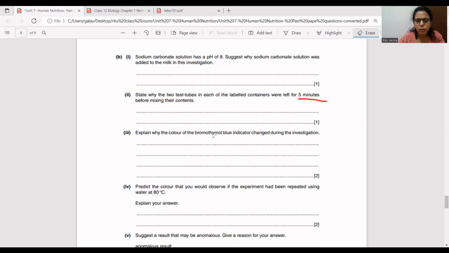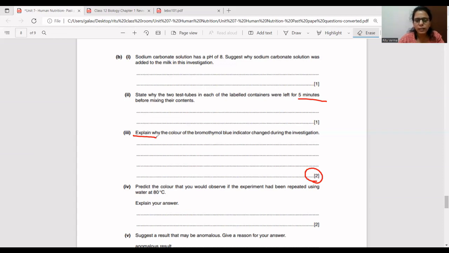Third, explain why the color of the bromothymol blue indicator changed during the investigation. Okay, this is for 2 marks. This you have to explain. Okay, this is because as the time passes by, the action of the lipase enzyme was actually working, and lipase was digesting fat into fatty acids and glycerol.